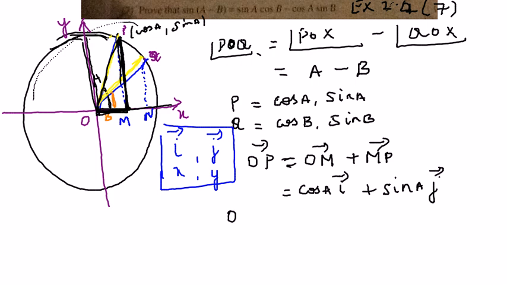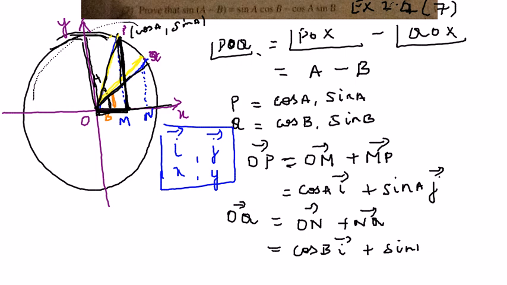Now OQ can be written as ON vector plus NQ vector. ON is again nothing but cos B, right? Cos B into i vector plus sin B into j vector.